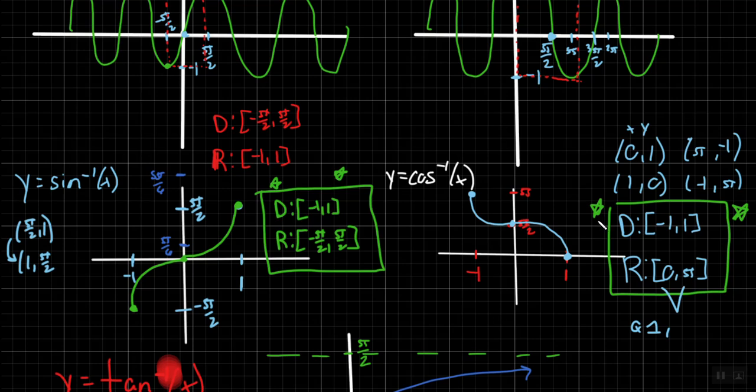So where's the restriction? 0 to pi is what quadrants? If I went from 0 to pi, how many quadrants did I go? I went from 0, I went to pi halves, then I go to pi. So I went from 1 to 2. So I'm in quadrant 1 and quadrant 2.